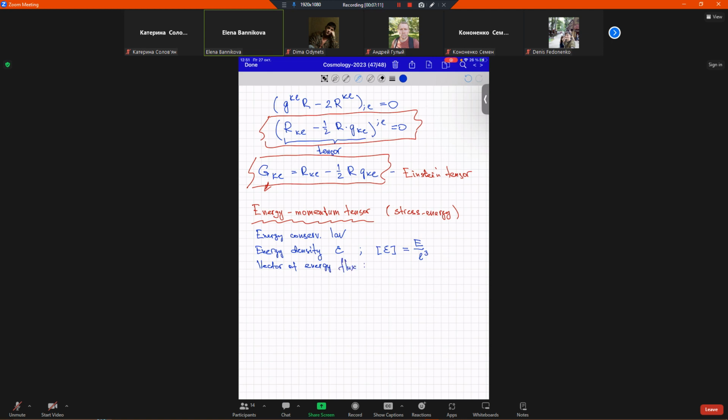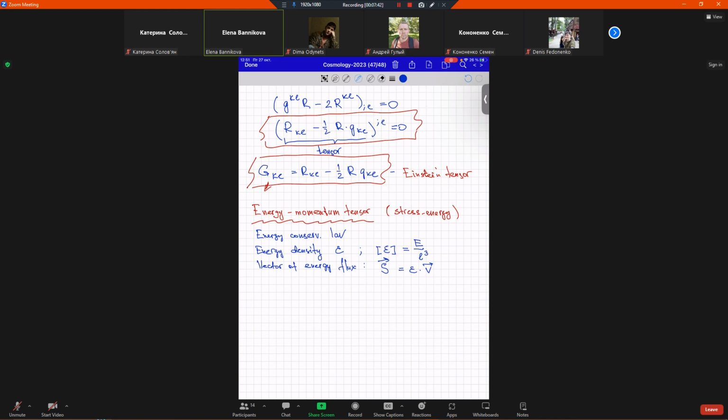Usually it's called by the letter S. This is a vector. And what is this? This is the energy density multiplied by the velocity v.